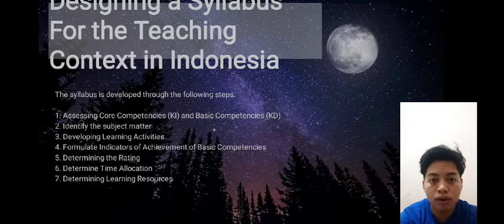Formulating indicators of achievement of basic competency. Indicators are markers of achievement of basic competency, which are measurable changes in behavior that include attitude, knowledge, and skill. In addition, indicators are used as the basis for developing assessment tools.